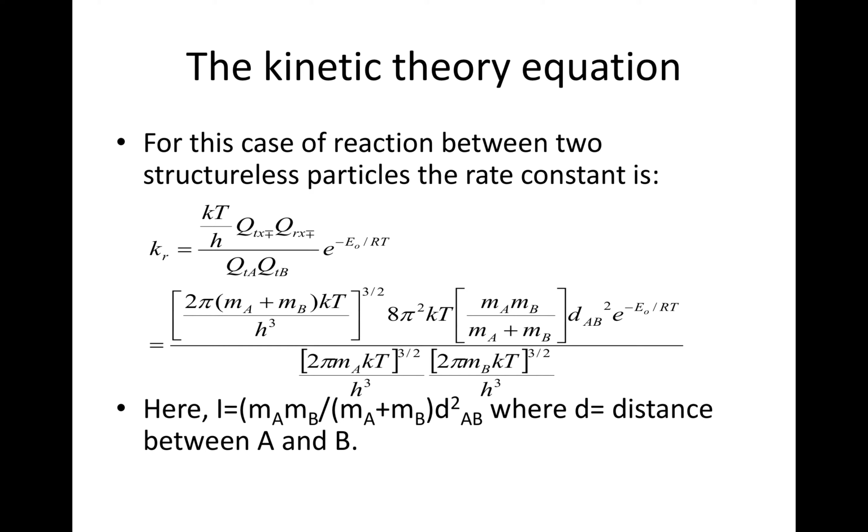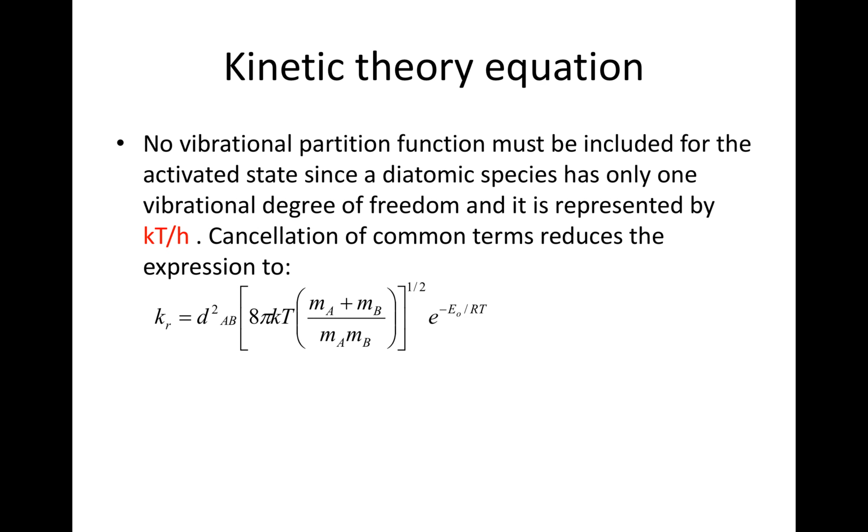Here I, of course, is equal to m_A m_B over m_A plus m_B, d squared AB, where d is the distance between A and B. No vibrational partition function must be included for the activated state since the atomic species has only one vibrational degree of freedom, and it is represented by k_T over h.